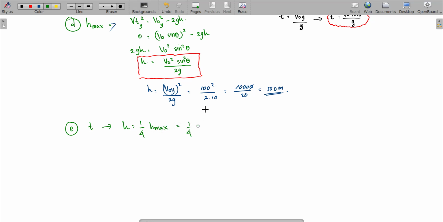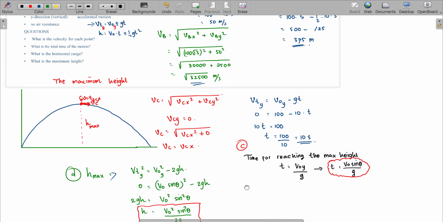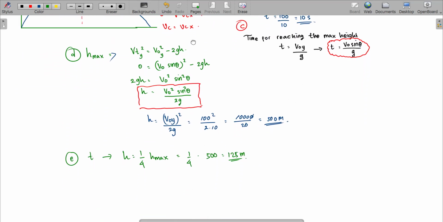Meaning, how much is it? 125 meters. For reaching 125, how much is the time? You can use the formula from linear motion. I think this one, that you have h and you find time as well. Yeah, okay, good.